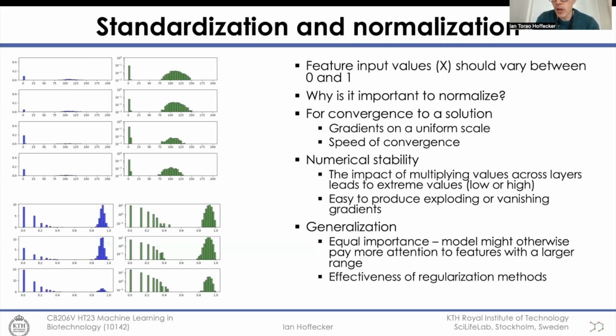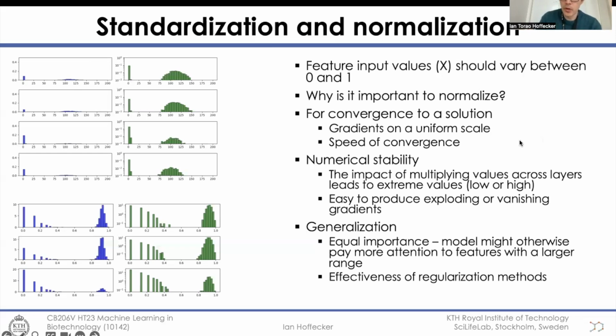So this is sort of a numerical stability issue, and we want basically all the variables to be treated more or less equally, and that way the model is going to pay attention to features according to their relative differences and not on this absolute scale that we might be putting them on.